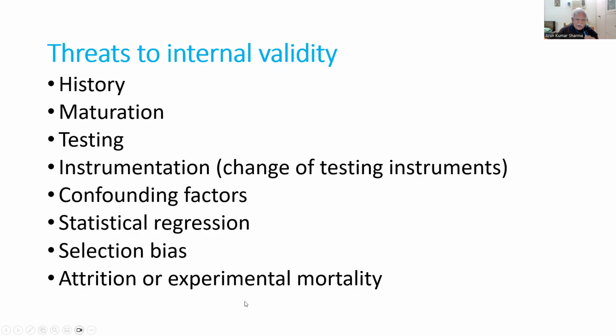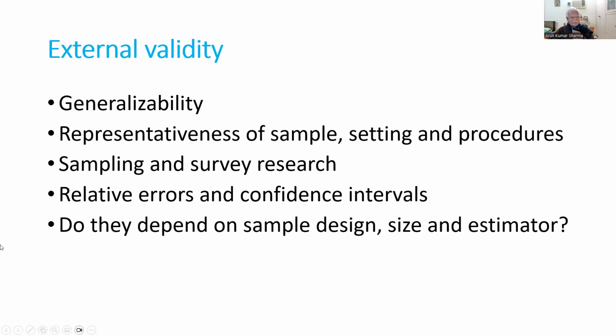If your experiment is long, some of the respondents may be tired, and in a few unfortunate cases they will die or migrate to some other place. So your values in the second, third, fourth, fifth experiment are not coming from the same set of subjects or participants.